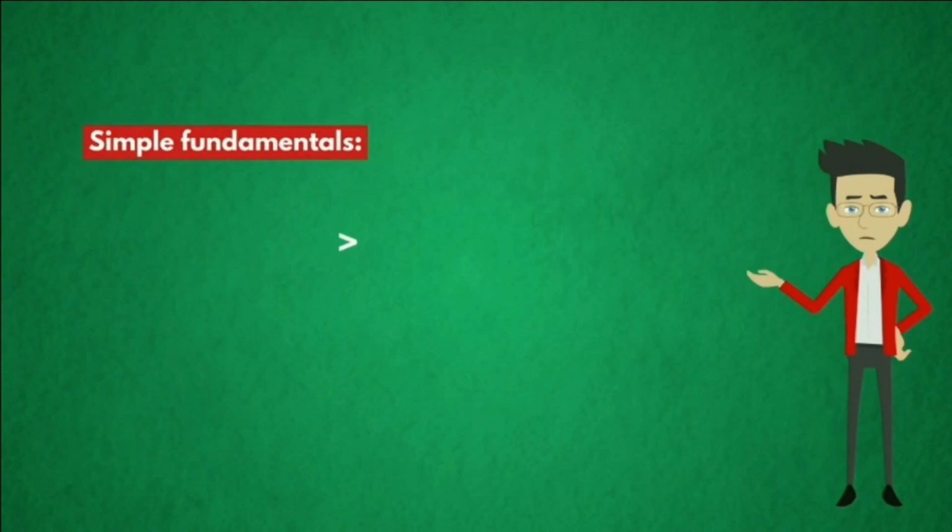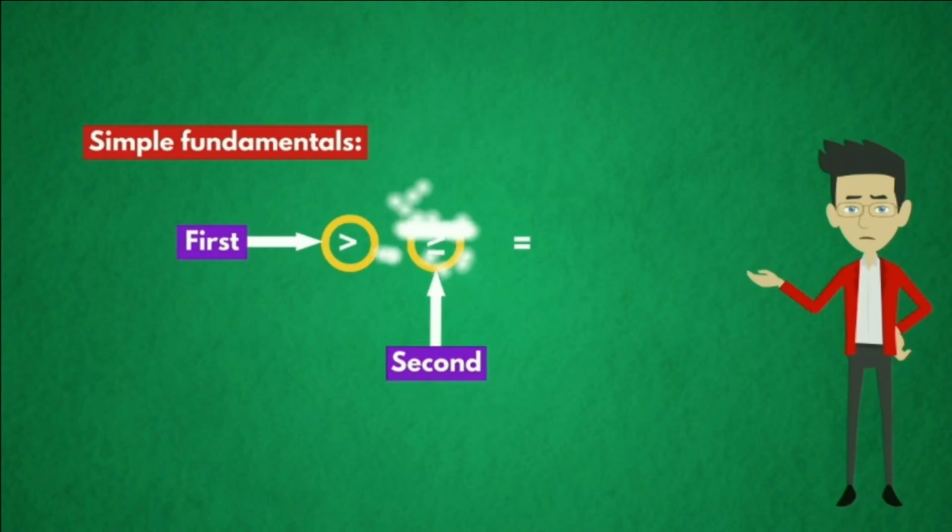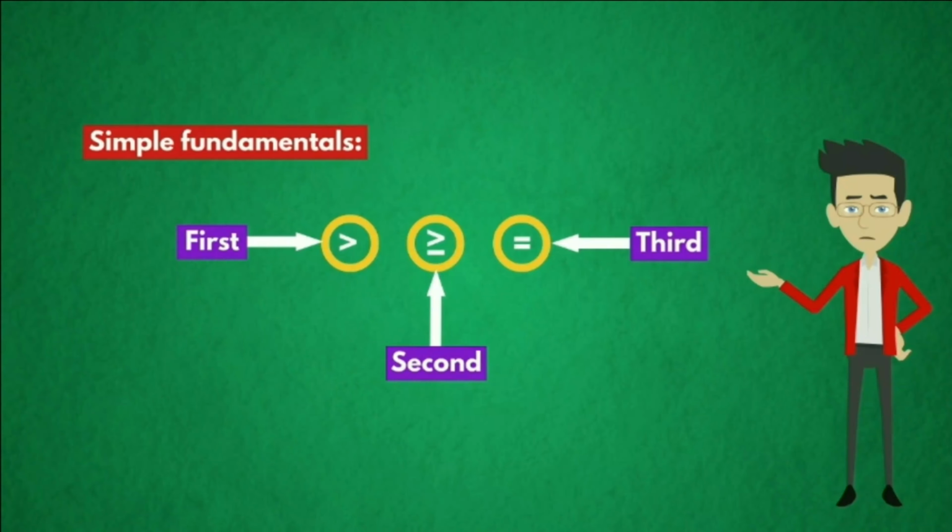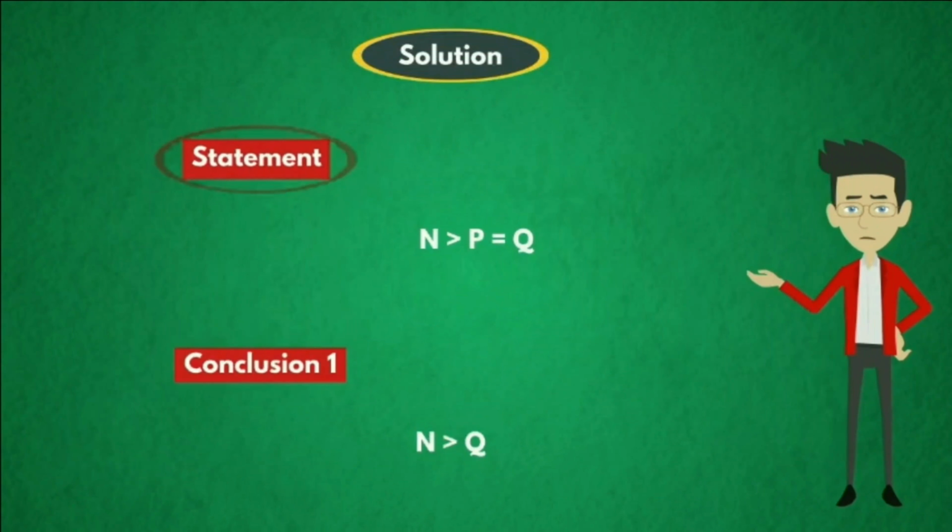We know that if there is a combination of greater than or equal to symbols, we give first priority to the greater than symbol, second priority to the greater than or equal to symbol, and third priority to the equal to symbol. So here, N greater than P equal to Q. We can say that N greater than Q. So conclusion 1 is true.